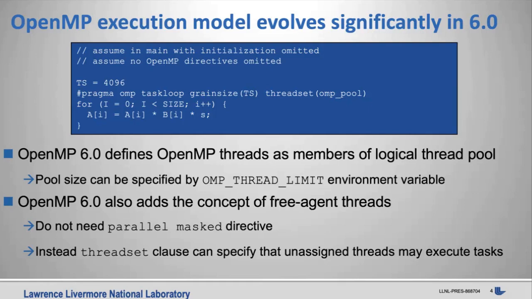Instead, if you use the threadset clause on the taskloop construct to say that it should be executed by all of the threads that are available in the OpenMP thread pool, then those other threads may actually pick up and execute the tasks that get generated by the taskloop construct.